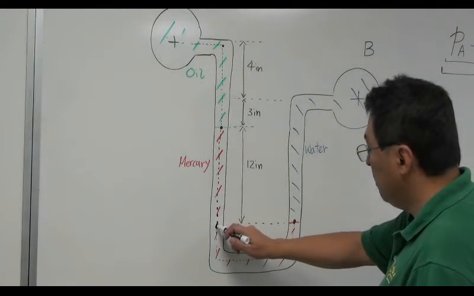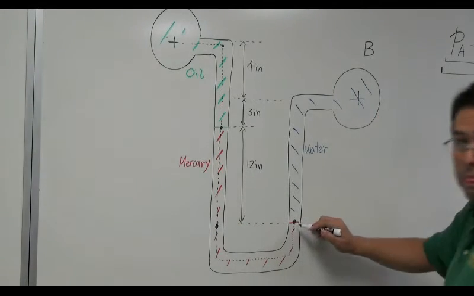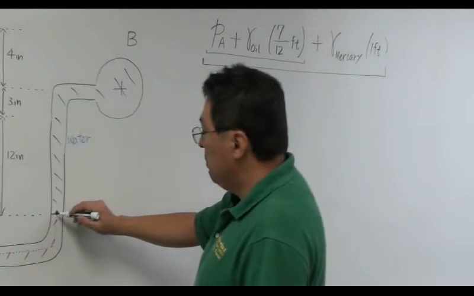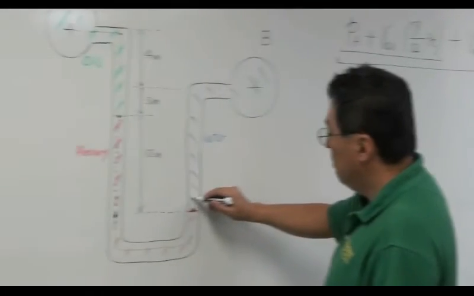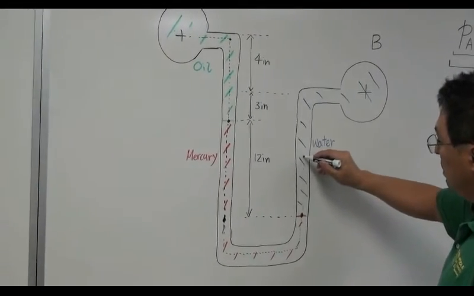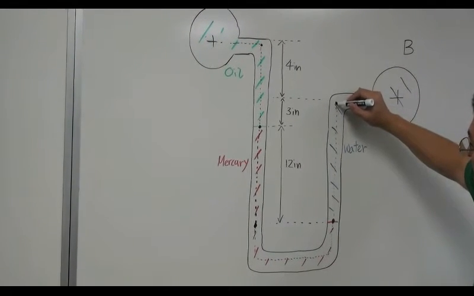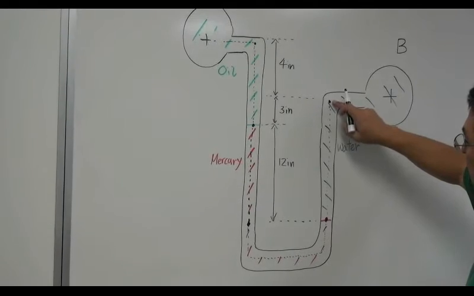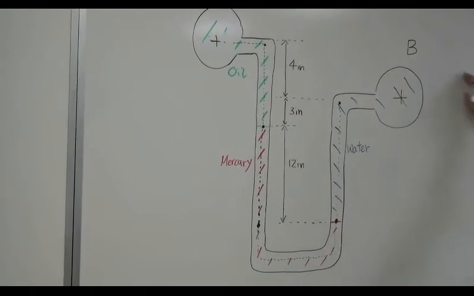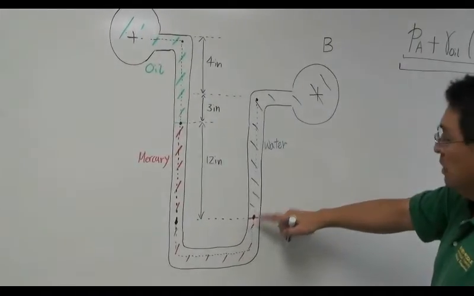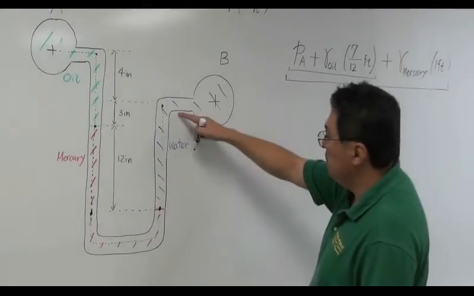Pressure right here is equal to pressure right here, which is this value. Let's go back up a little bit more, all the way to here. What is the pressure here? Pressure here relative to that is whatever the pressure value given here minus gamma of water times this much height.